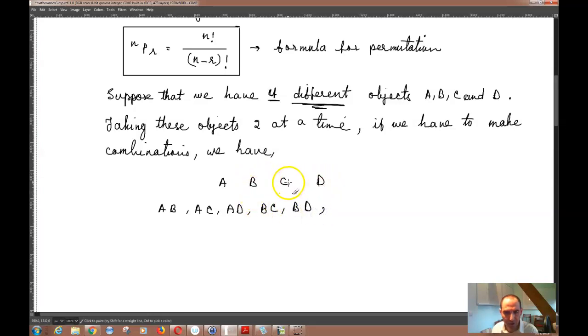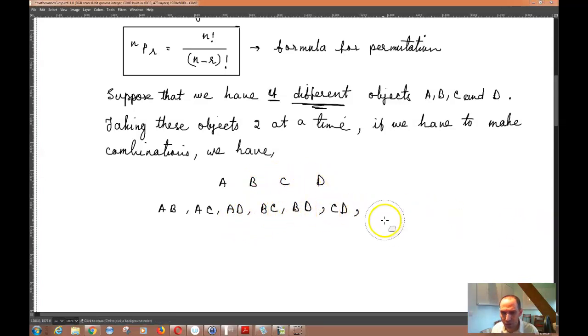Now, again, you can see that I can choose A with C, but I have already done that. C with B, I have already done that. C with D, I have not done that. And then I can choose A with D, which I have already done. D with B, which I have already done. D with C, which I have already done.